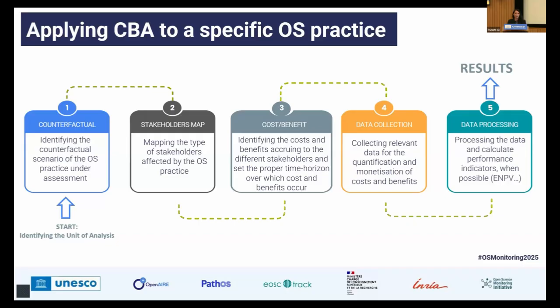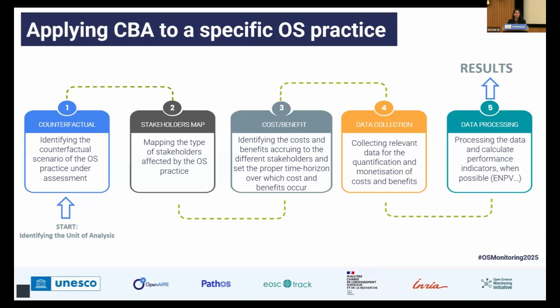There are a number of stakeholders involved in providing these resources, and you may have a database which is open and maybe connected to other external resources. We will see the example of UniProt during this presentation. So basically, the first step is to define the boundaries of the open science resources we are assessing.